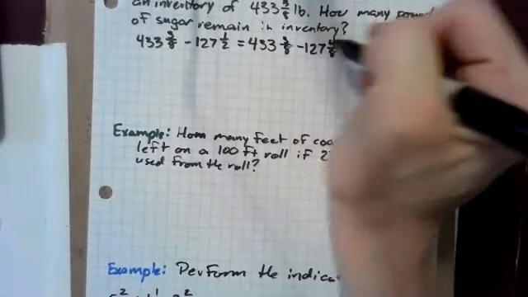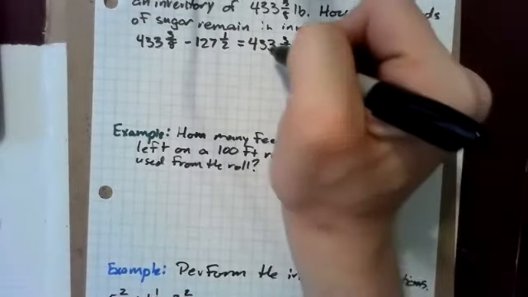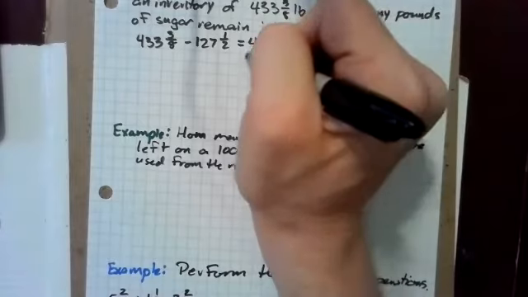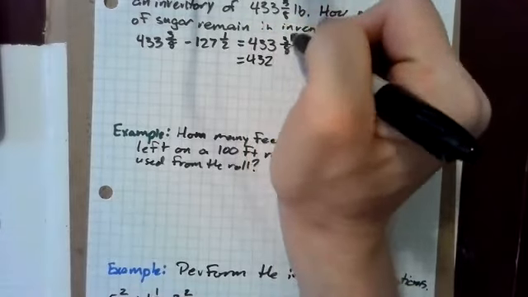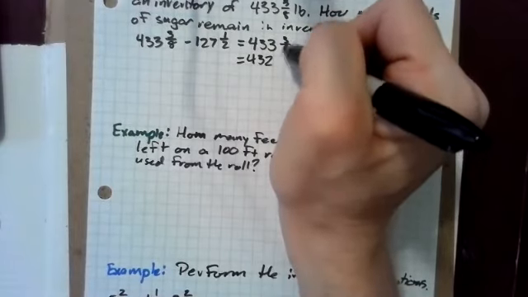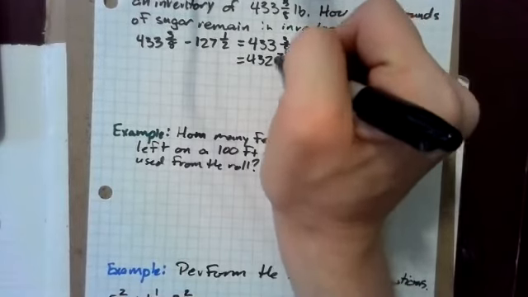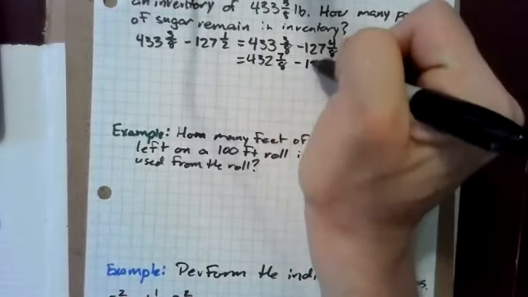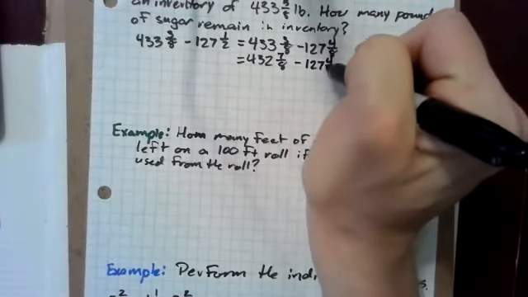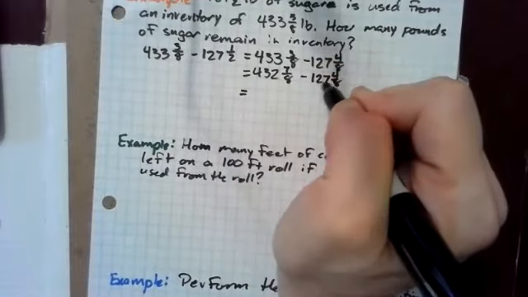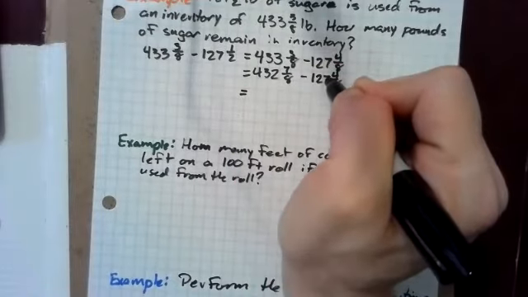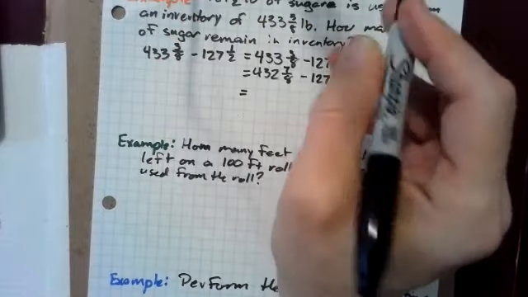Now notice that 3/8 is less than 4/8. So I have to subtract 1 from my 433 to get a 432. And then I'll add 4/8 to my 3/8 to get 7/8, minus 127 and 4/8. Now I can subtract my whole number parts. 432 minus 127 is 305.